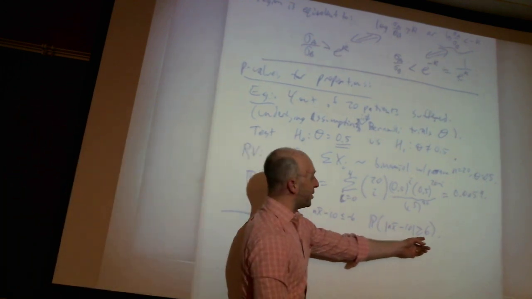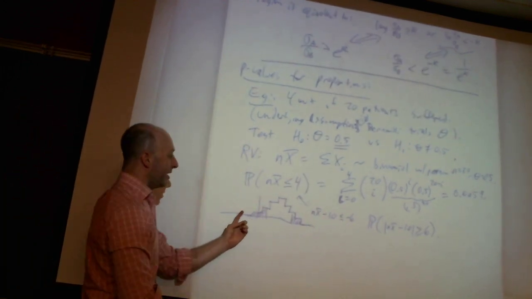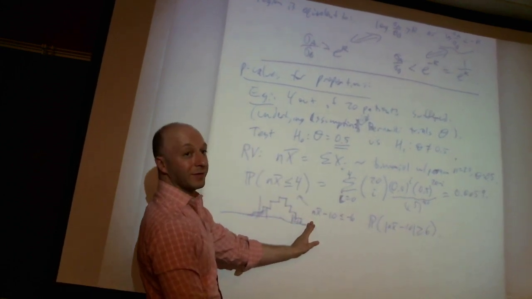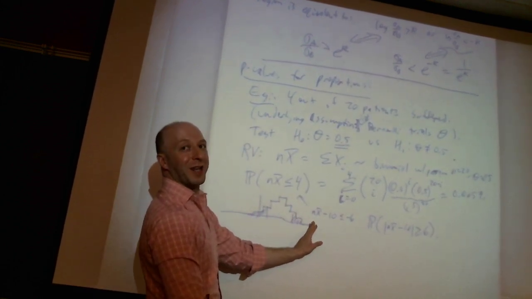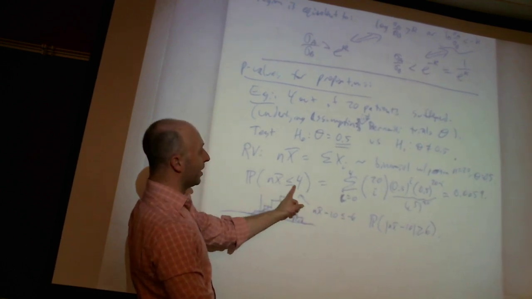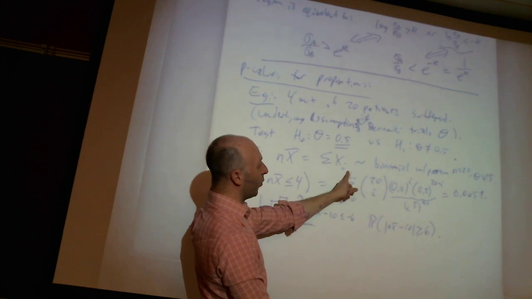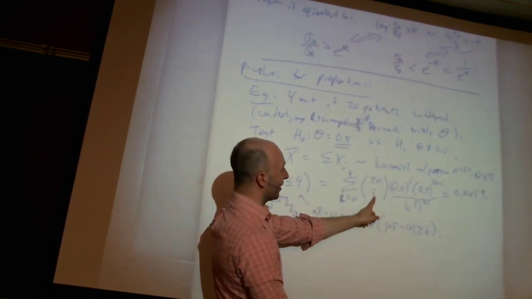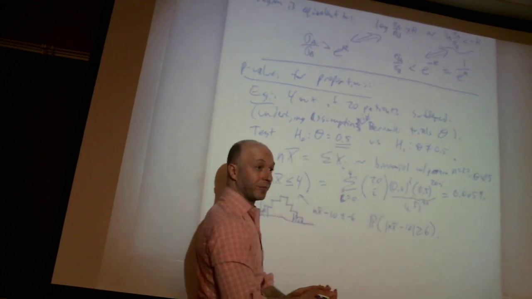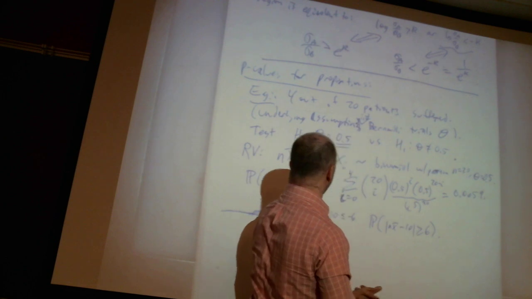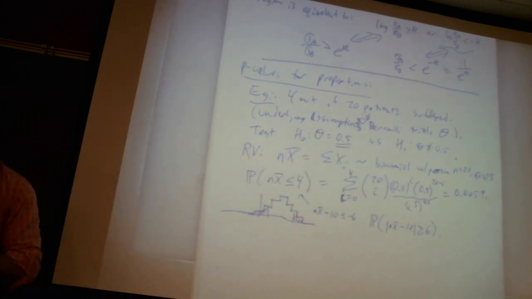One piece of this is down here, 4 and below. The other piece is 16 and above. But by symmetry, they actually have the same probability. So we don't have to compute the sum as i goes from 16 to 20 of this. That's symmetry because of the half. So the true p-value will be twice this probability.